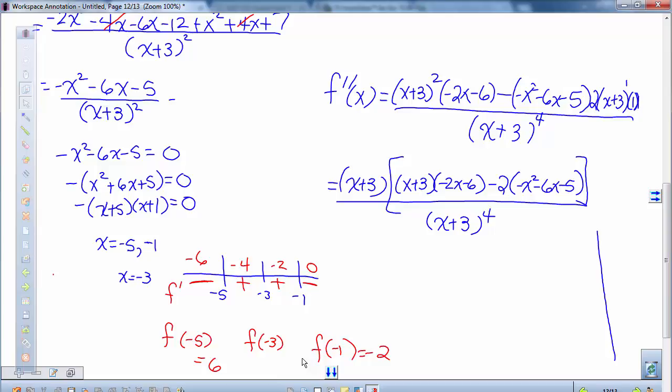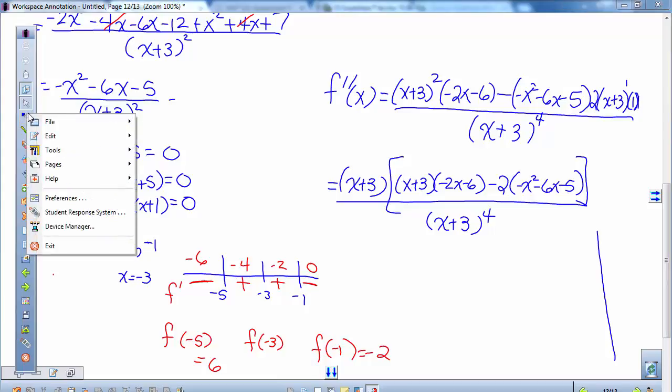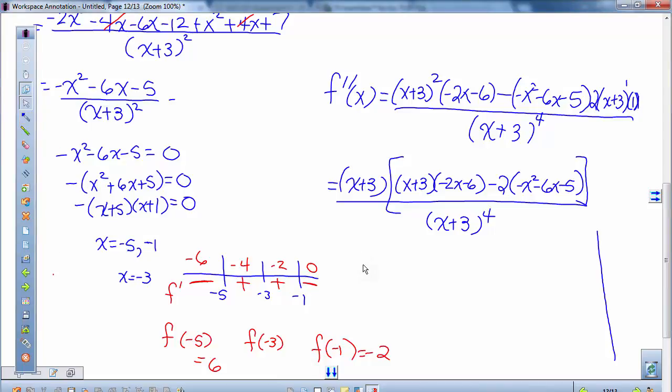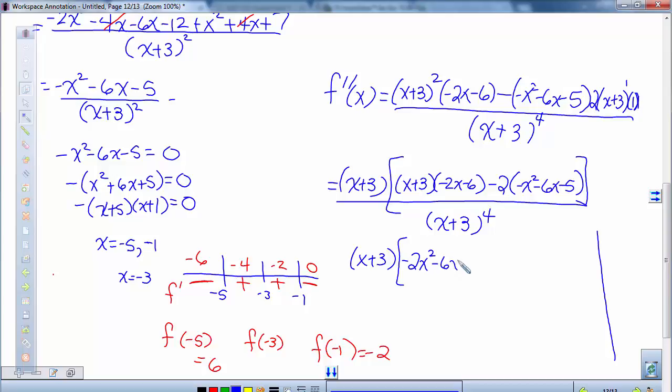Okay, so when we continue this, we get x plus 3. We're just going to have to multiply it all out. So we get minus 2x squared. Outer is minus 6x.